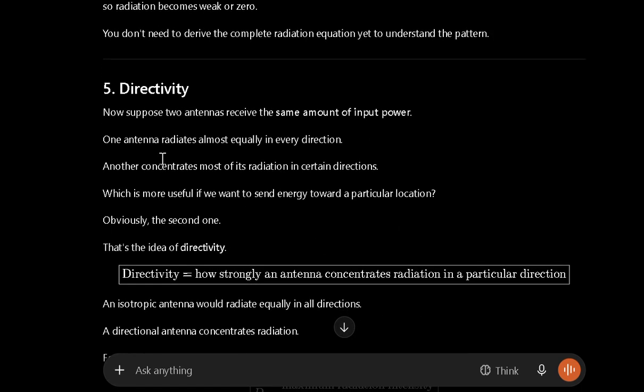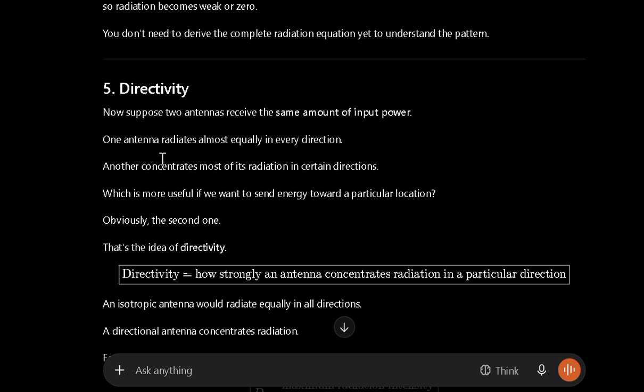Directivity. Suppose two antennas receive the same amount of input power. One antenna radiates almost equally in every direction, and the other concentrates most of its radiation in a particular direction, which is more useful if you want to send energy to a particular location. That's the idea of directivity. Directivity is how strongly an antenna concentrates radiation in a particular direction.